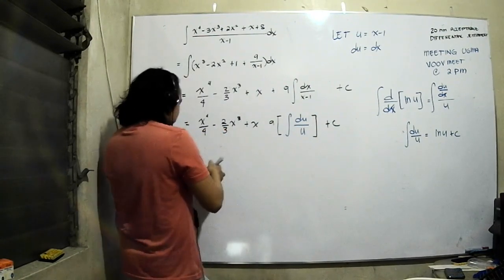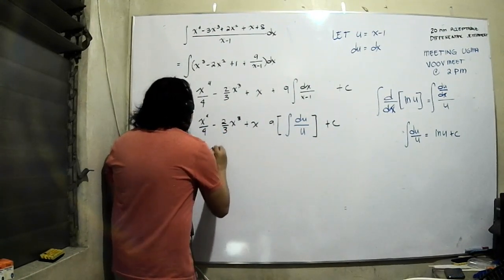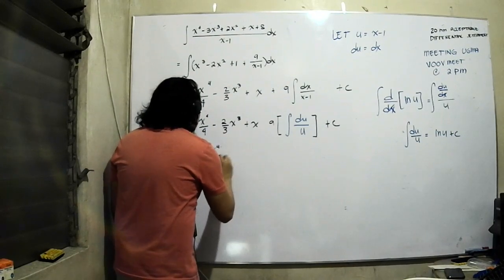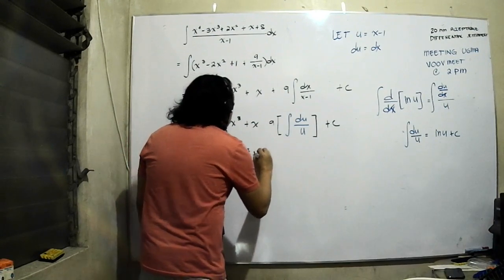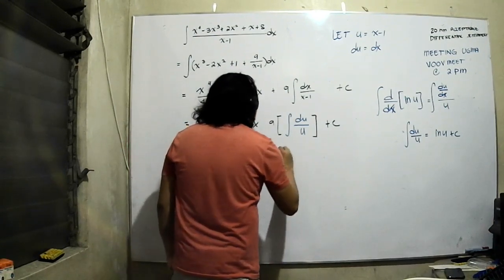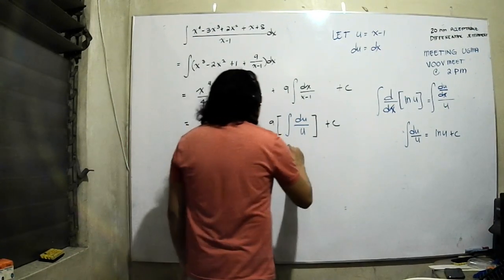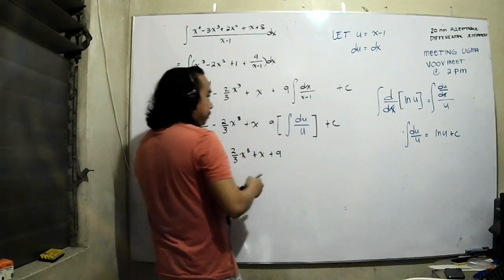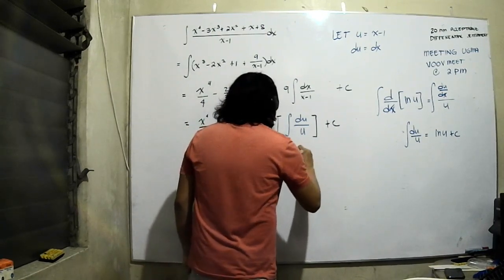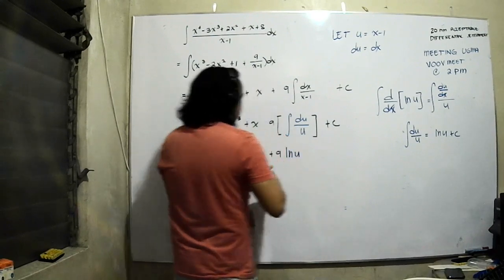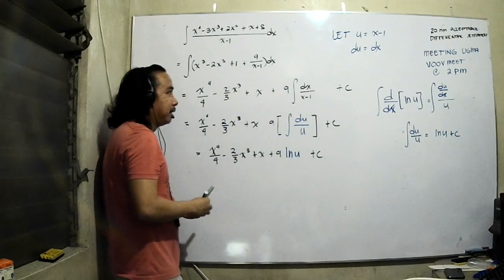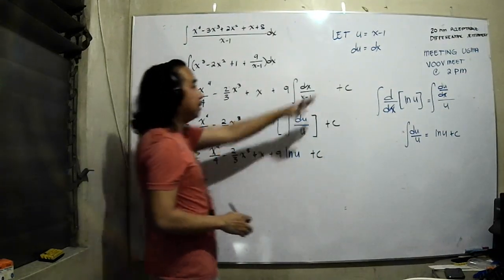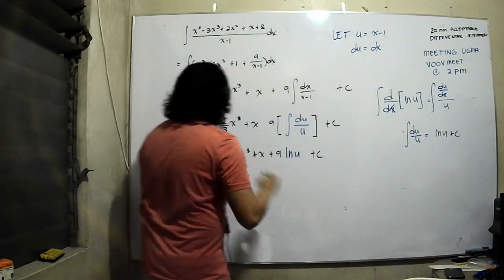So I just substitute. x to the fourth minus 2/3 x to the 3 plus x plus 9 should be equal to ln u plus c. But we should know that u is equal to x minus 1.